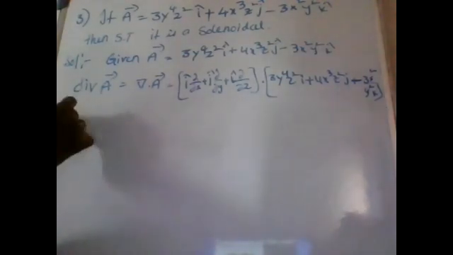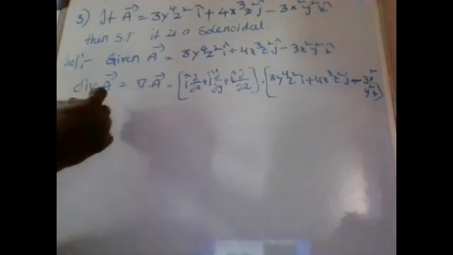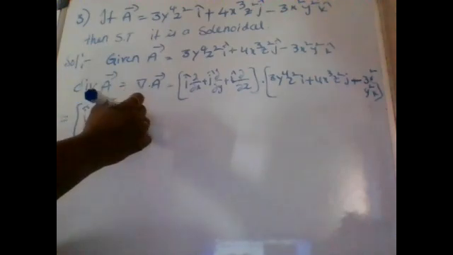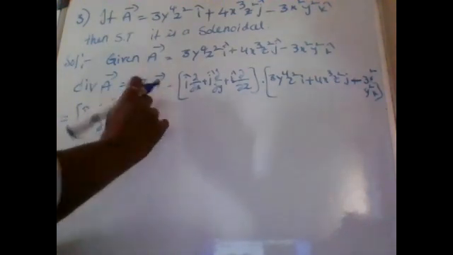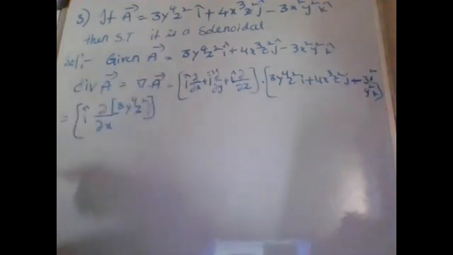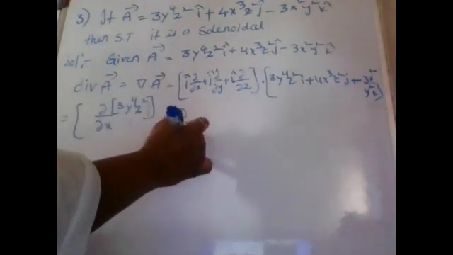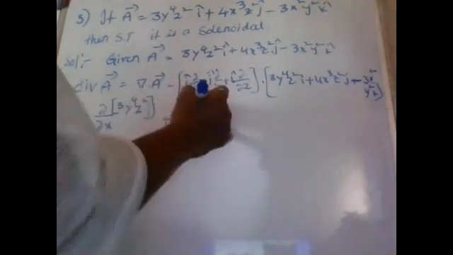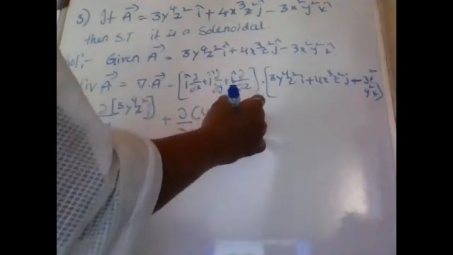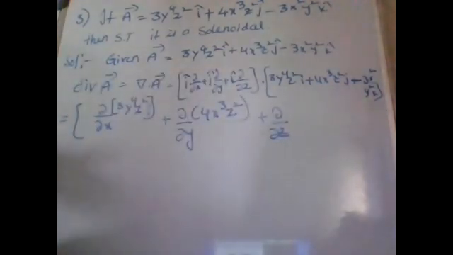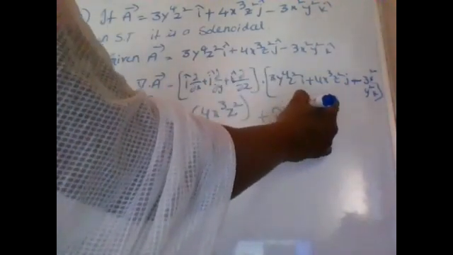Next, differentiation: i dot i equals 1, ∂/∂x of 3y⁴z²; plus ∂/∂y of 4x³z², since j dot j equals 1; plus ∂/∂z of minus 3x²y², since k dot k equals 1.